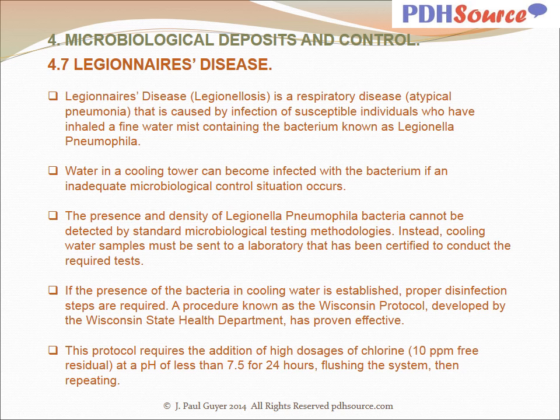A procedure known as the Wisconsin Protocol has proven effective. This protocol requires the addition of high dosages of chlorine, 10 parts per million free residual, at a pH of less than 7.5 for 24 hours, flushing the system and then repeating.